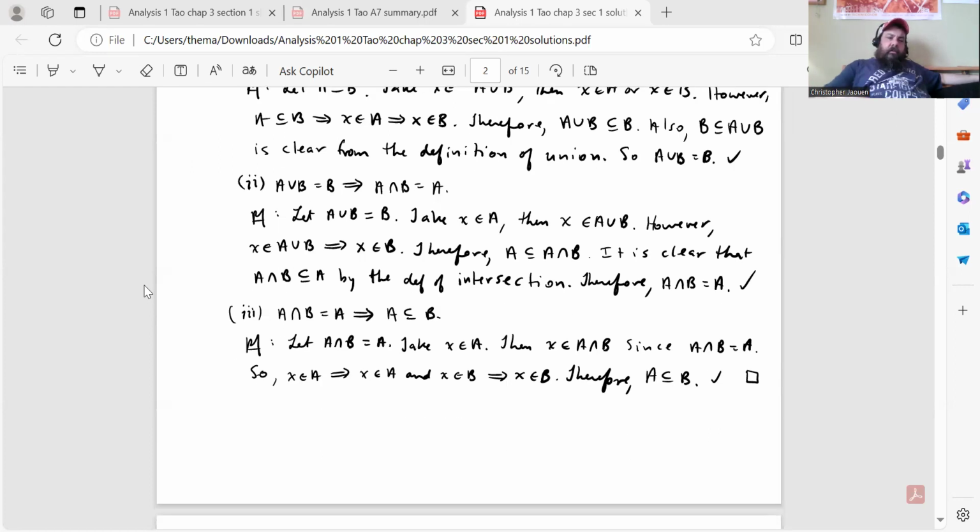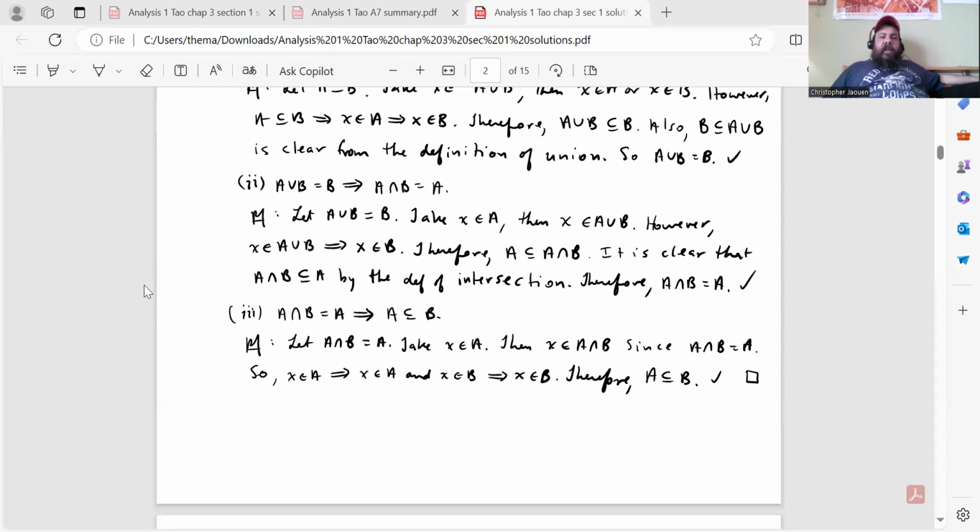Then the second implication: A union B equals B implies A intersect B equals A. Here's my proof. Let A union B equal B. Again, I'm assuming the hypothesis. Take X an element of A. Then X is an element of A union B, just from the definition of union.